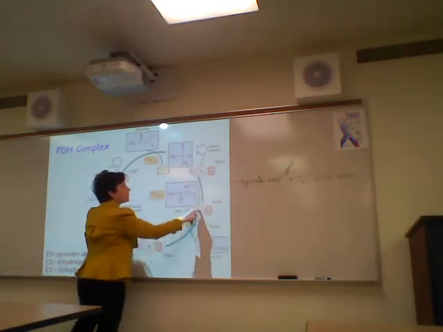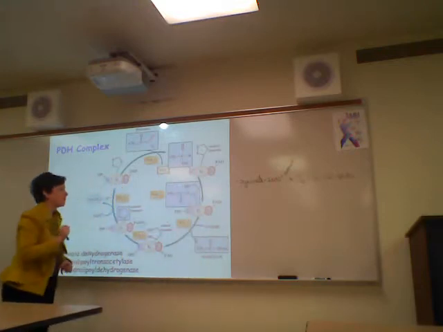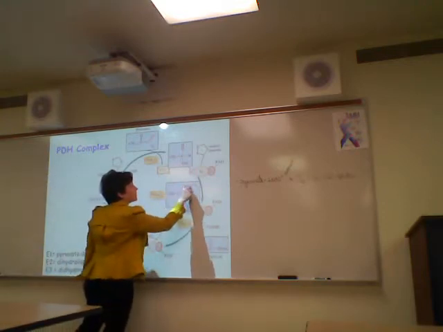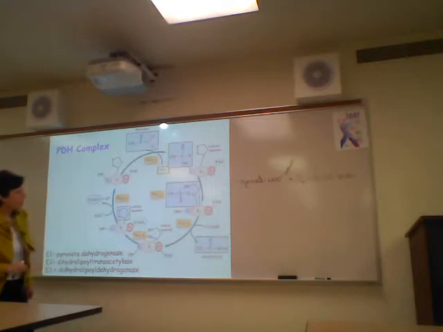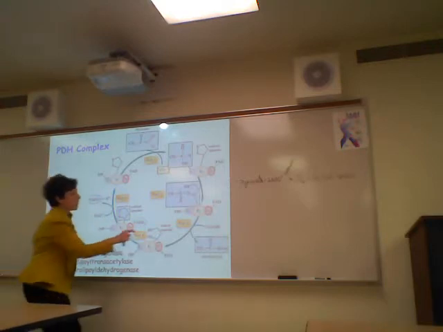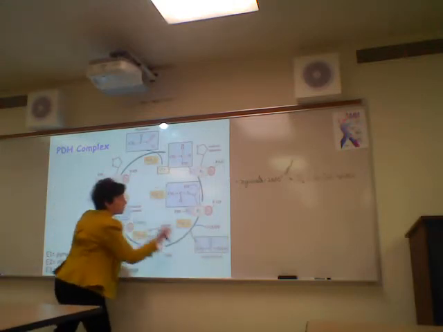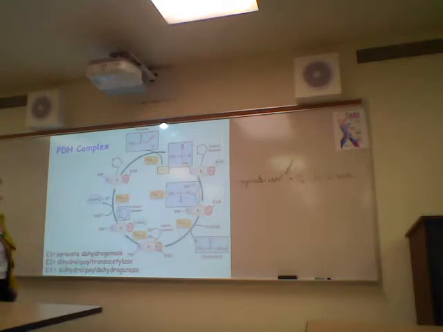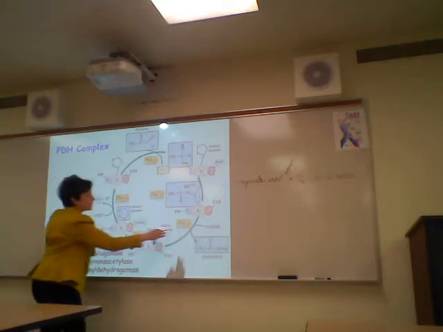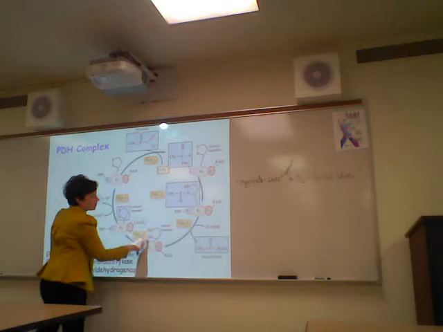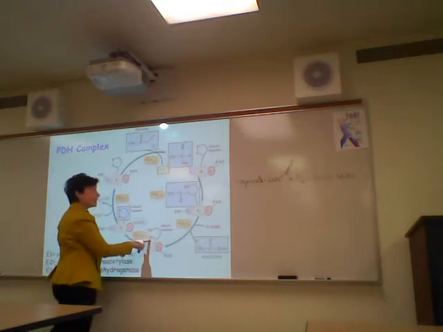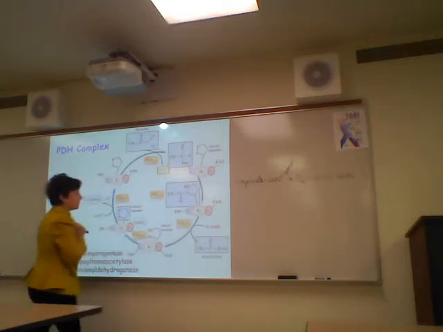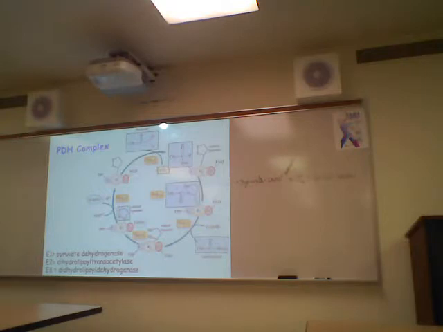And then when we go to make our sulfur carbon bond, we have our reduced thiol. And then when our coenzyme A comes in, we release our 2-carbon unit. And then we generate the dithiol, which is the best way to describe that.